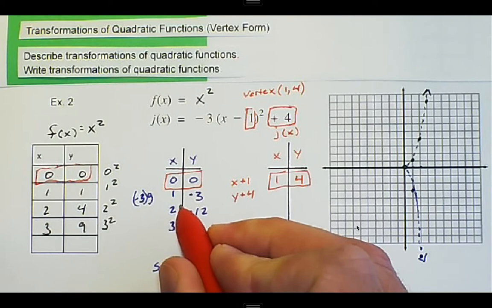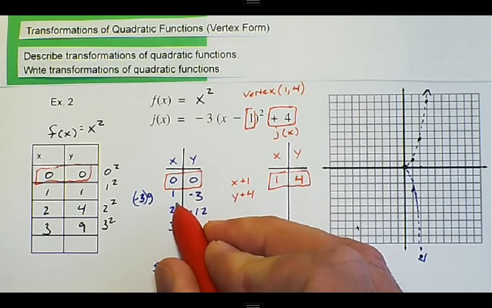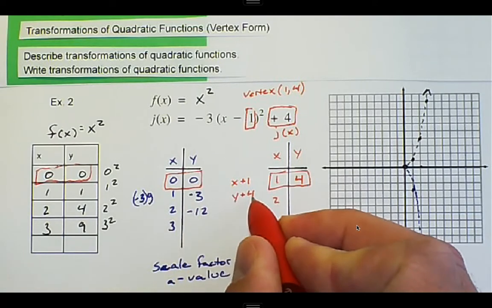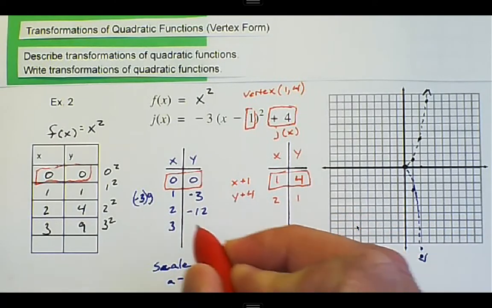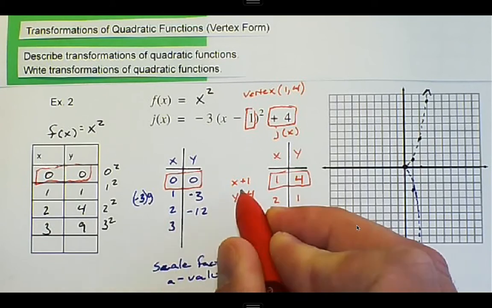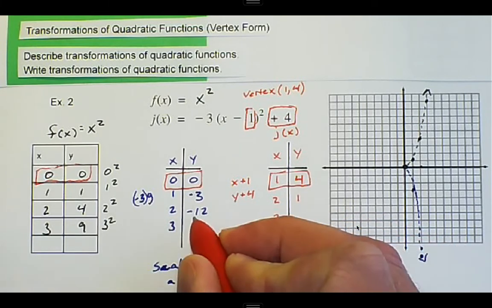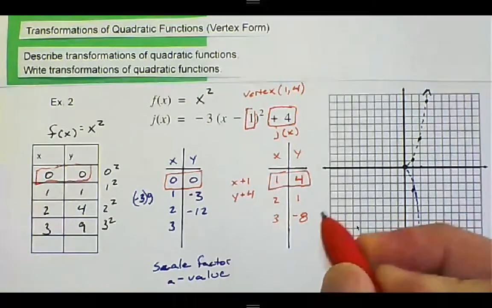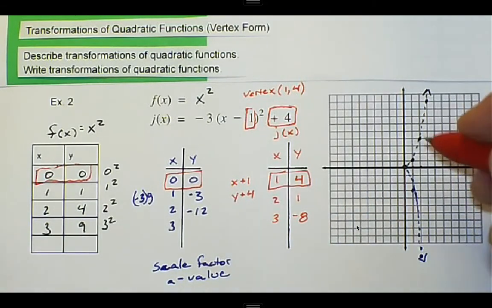Here we have 1 plus 1 is 2, negative 3 plus 4 is positive 1, and 2 plus 1 is 3, and negative 12 plus 4 is negative 8. That will be all that we need to graph, and that will give us a great graph.